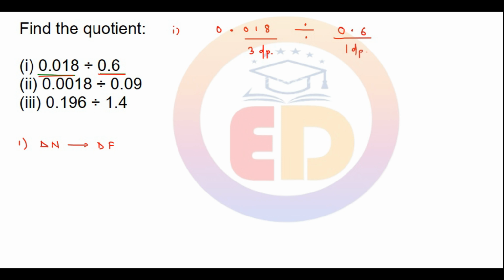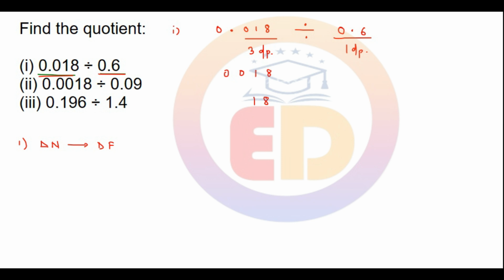So what I am going to do is I am going to convert 0.018 from a decimal number to decimal fraction, and for that, first of all, write down 0.018 without the decimal point. It will become 0018. And you know 0018 is only 18.